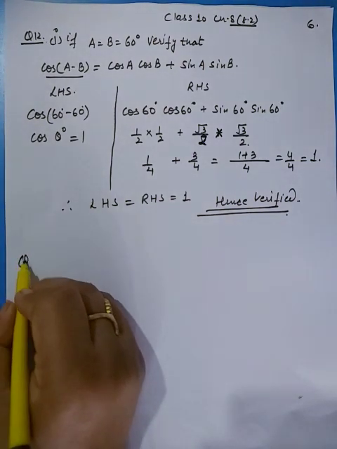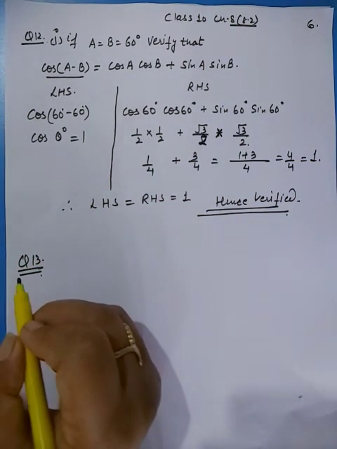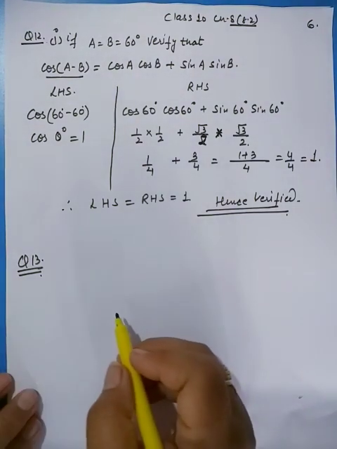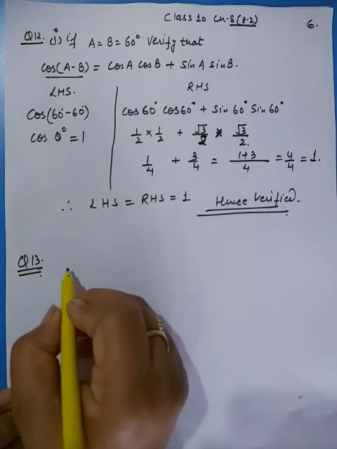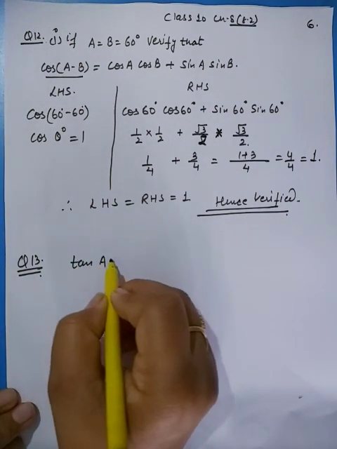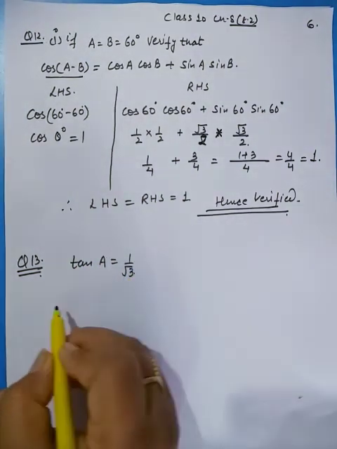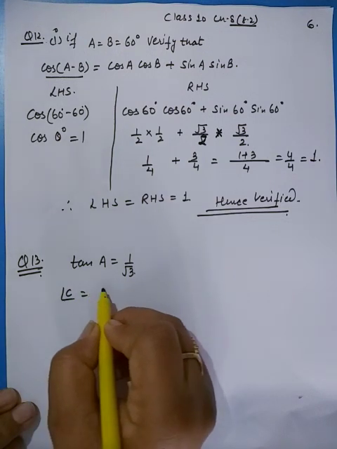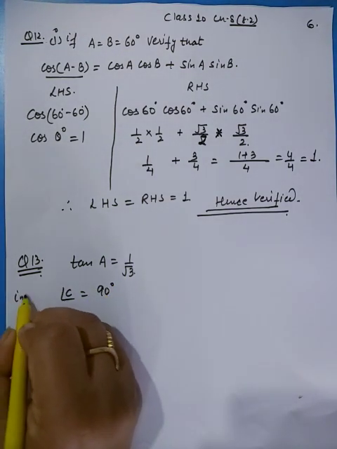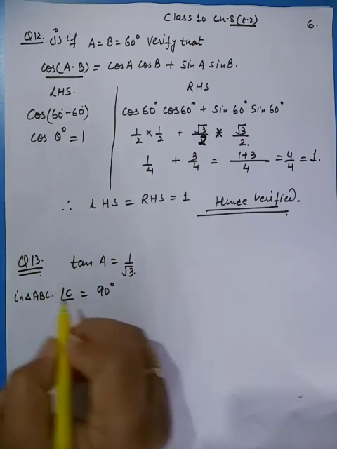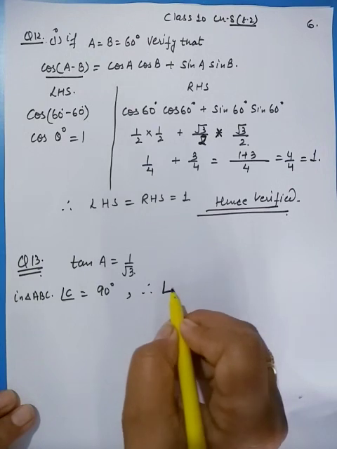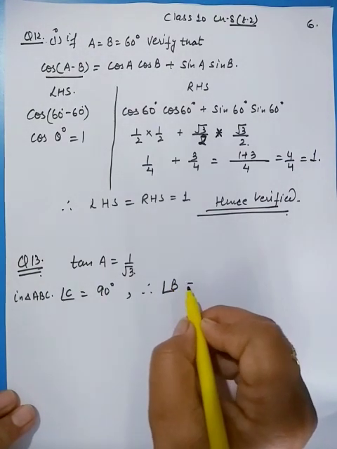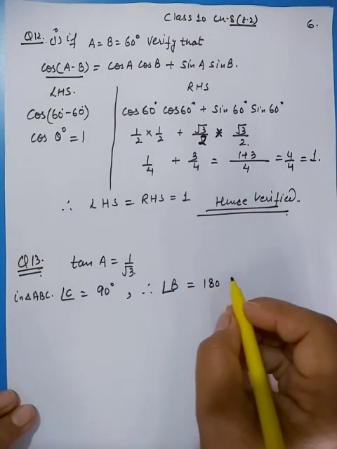Now question number 13. Here tangent A is 1 by root 3 and angle C is given to you 90 degree in triangle ABC. Angle C 90 is given, so therefore we can find angle B, and angle B will be of 180 minus 90.